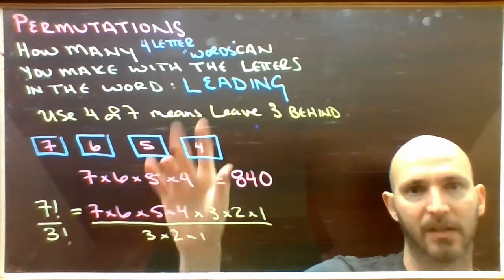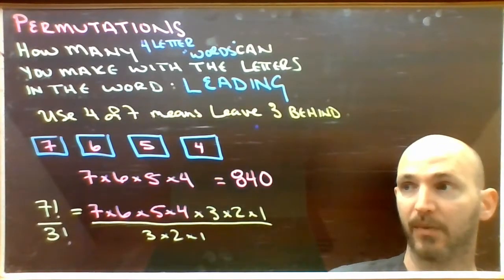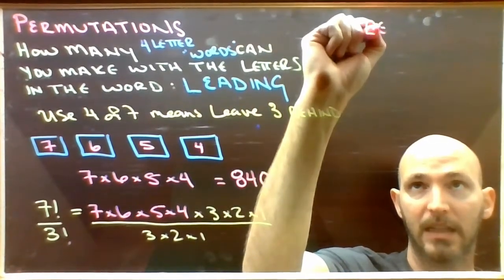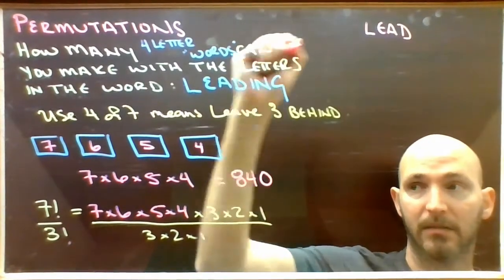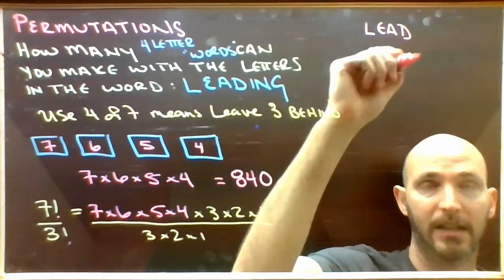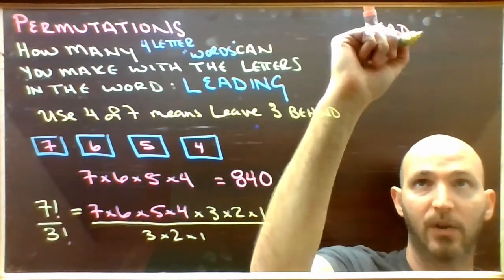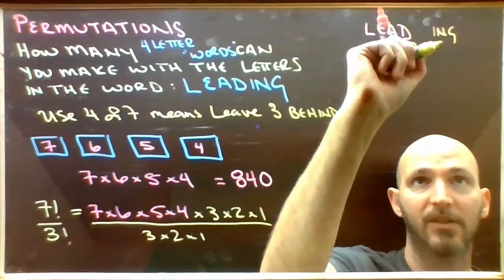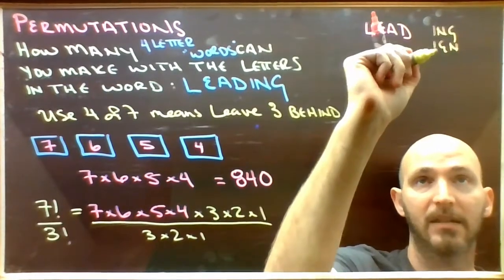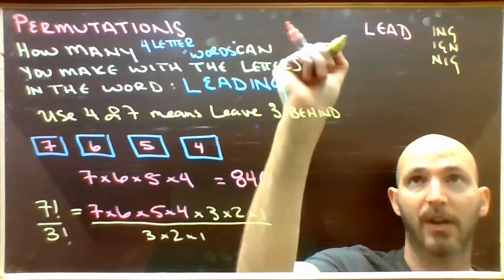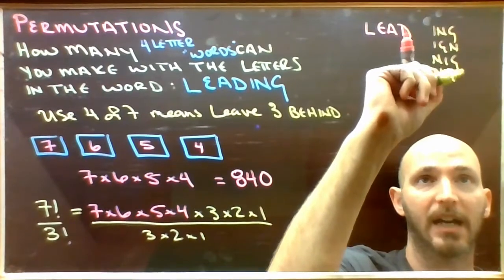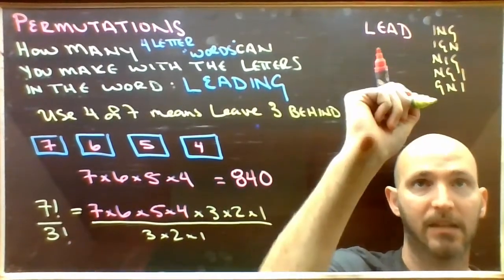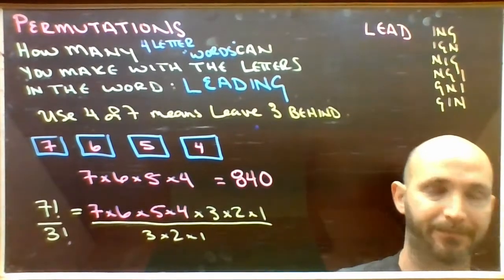So if I were to give you a specific example here, one of the combinations in leading is L, E, A, D. Those are my 4 that I'm taking. And then for the shufflings of the back, I could have gone lead, I-N-G, or lead, I-G-N, or lead, N-I-G, or lead, N-G-I, or lead, G-N-I, or lead, G-I-N.